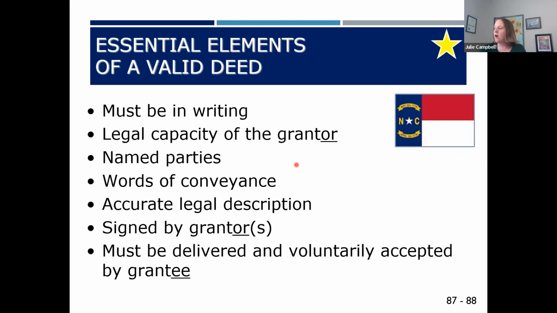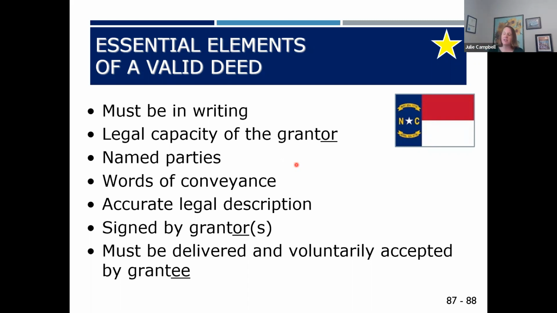So let's look over on page 88. And let's talk about elements that are not required. Page 88 is the icing and the sprinkles and the whipped cream and the cherry on top. These are often found in deeds or with deeds, but they're not a required element. The judge is not looking for these when trying to determine if a deed is valid or not.